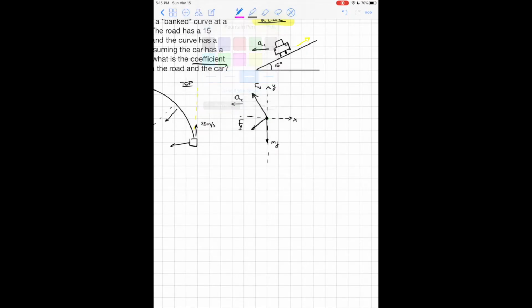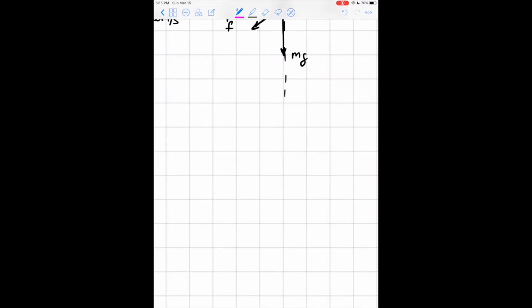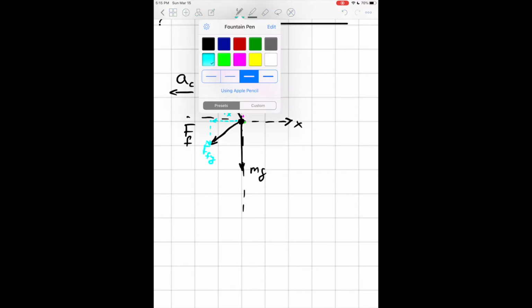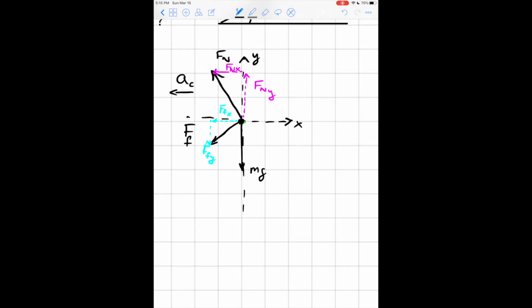All right, so that means I'm going to have some FNx and FNy, as I'm writing it here. That also means I'm going to have some, let's do turquoise, Ff and some Ffy. And mg, lucky enough, is the only one that's inherently in y.